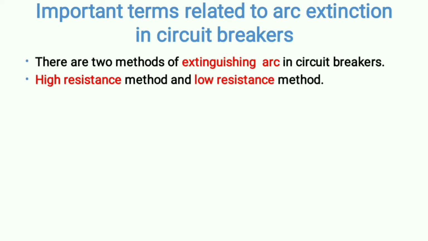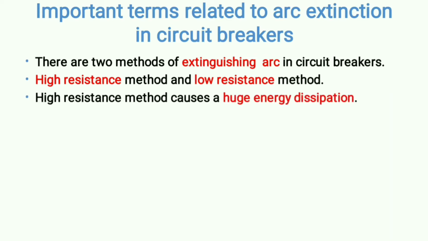So this is the high resistance method, but it causes a huge energy dissipation because the arc present between the contacts of the circuit breaker is stopped by increasing the arc resistance, and that arc resistance is continuously increased with time. That is why the arc creates a huge heat energy dissipation which may damage the circuit breaker contacts and also the surroundings.